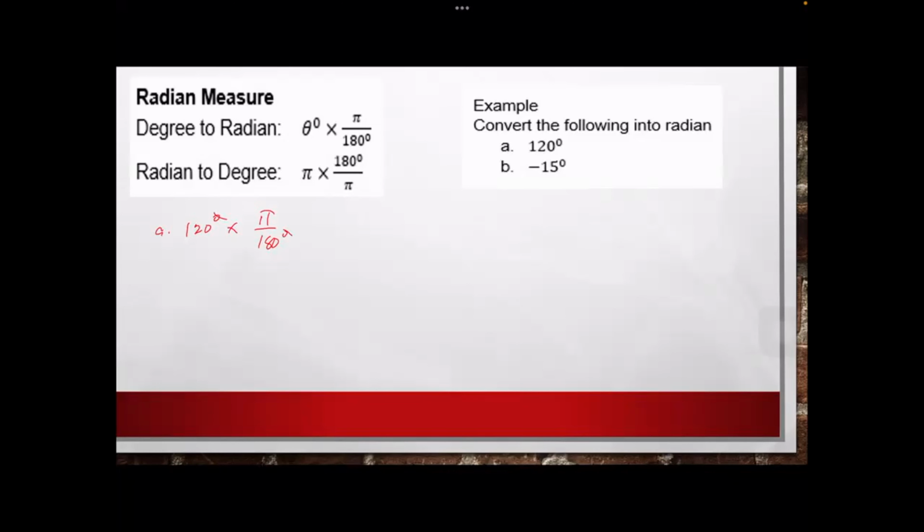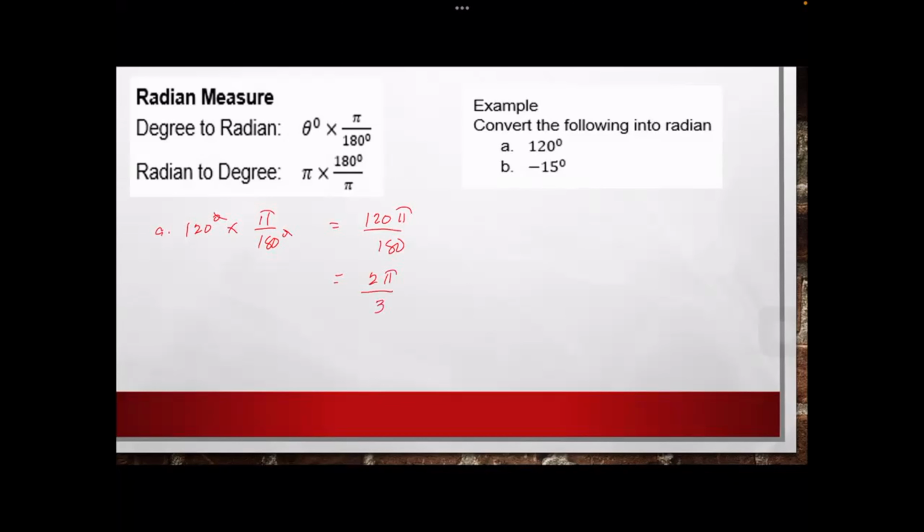So, magkakaroon tayo ng sagot dito na 120 pi over 180. Now, if we simplify, 120 divided by 180, magkakaroon tayo ng sagot na 2 pi over 3 as the final answer.